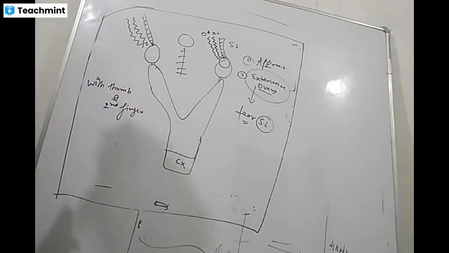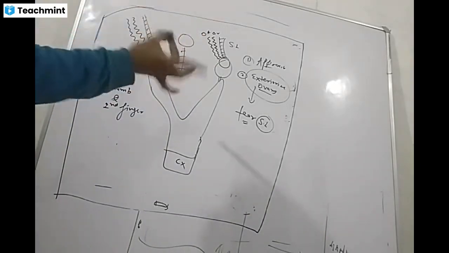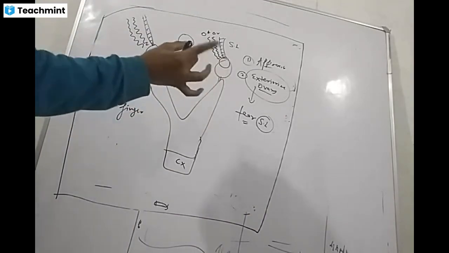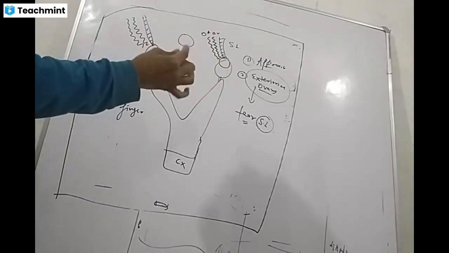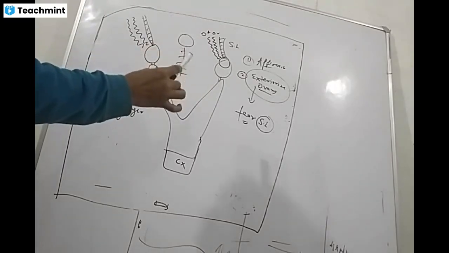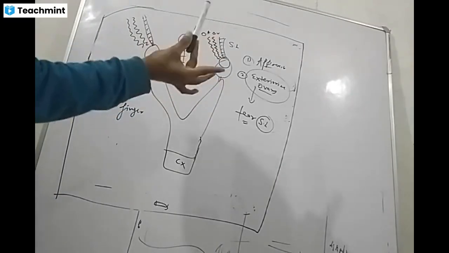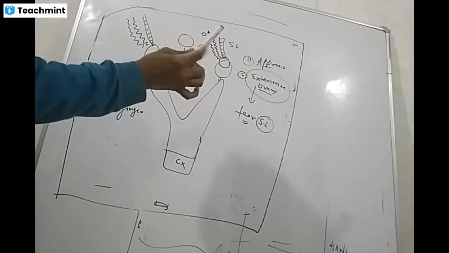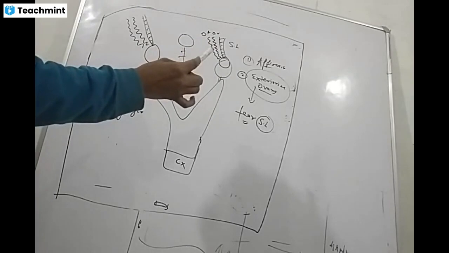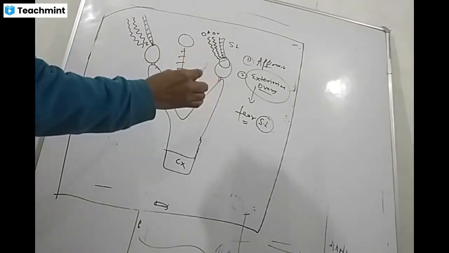If this is the ovary, with the thumb and middle finger you hold the ovary, and with the index finger you push the suspensory ligament and tear it.